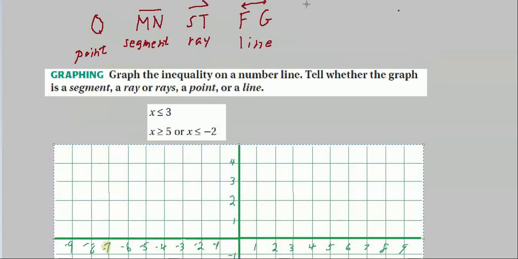Here's one that's going to show us how to interpret some of these lines, segments, and rays. So they have a nice, well, algebraic number line interpretation. For instance, and this is what I'm using for a number line, just the x-axis of a grid here. So, x greater than or equal to 3.